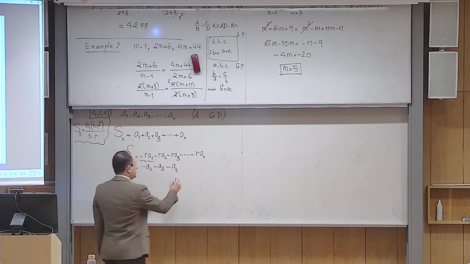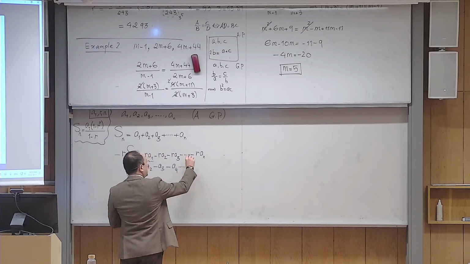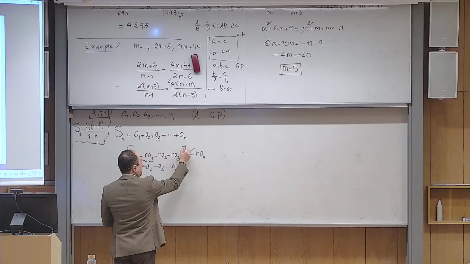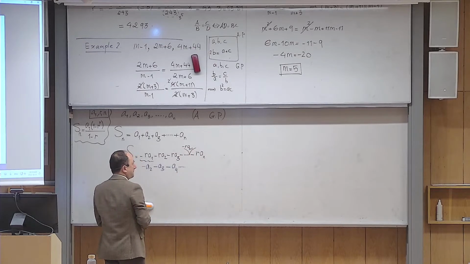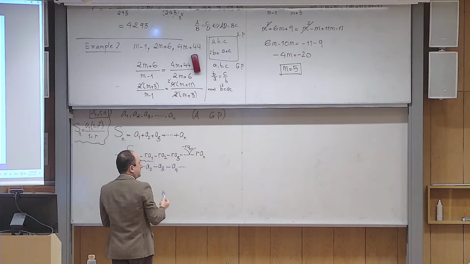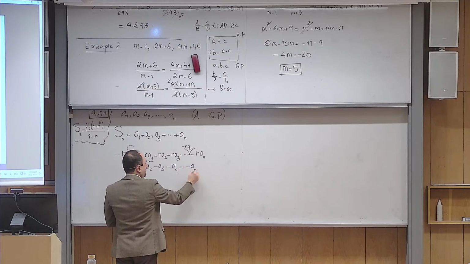I continue here. Can you tell me what is the previous term that I haven't written down? It is minus R, A sub n minus 1. Do you agree? Yes. So if I multiply this A sub n minus 1 by R, it gives me an. But I have a negative sign, so it becomes minus an.